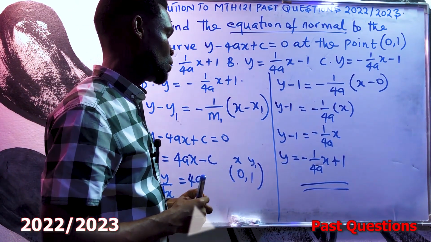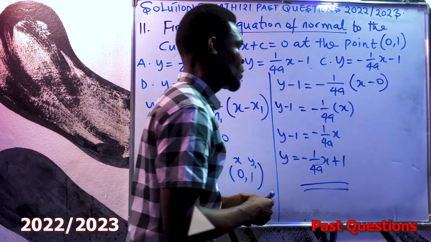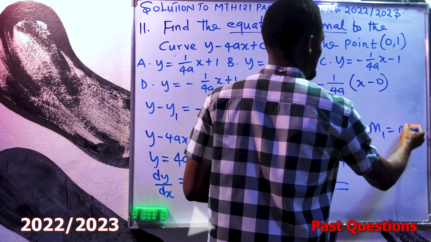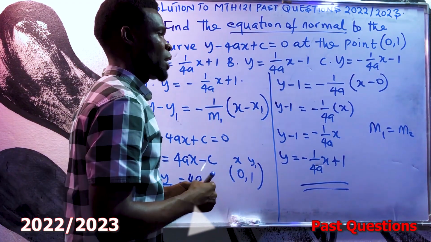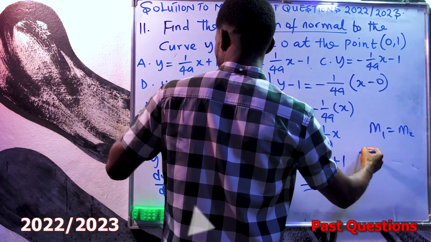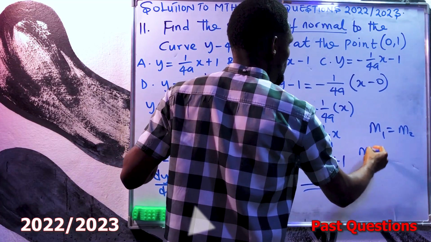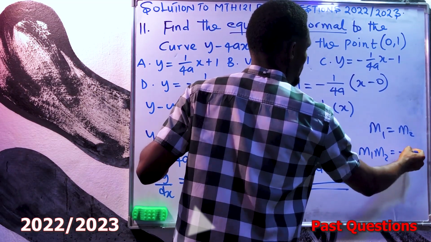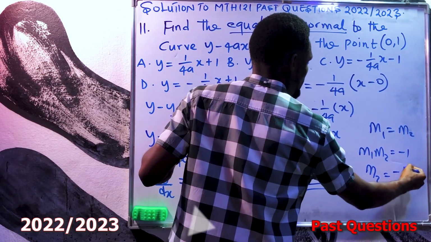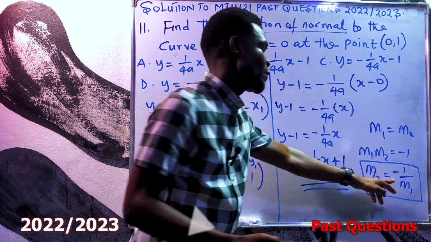And of course it's true because for tangency, m1 is always equal to m2, and for the equation of the normal, it's important to note that m1 times m2 is always equal to minus 1. So if I'm looking for m2, that means m2 will be minus 1 over m1, which is the gradient of the normal.